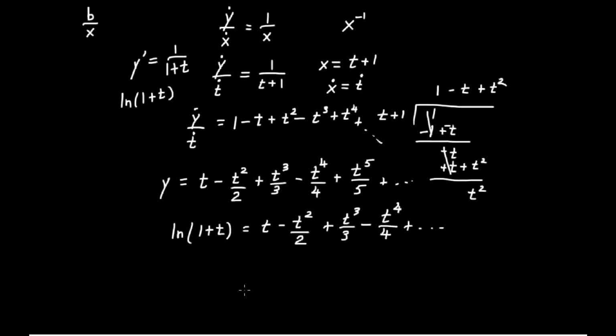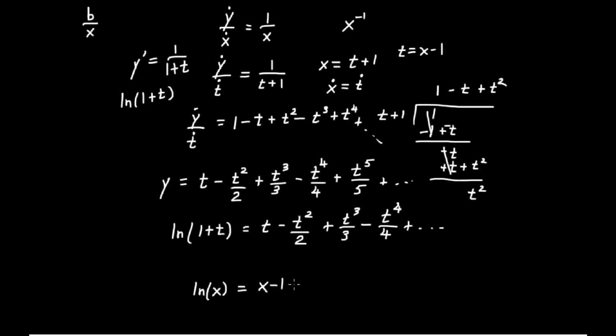And of course, if I wanted to, I could make that substitution that t plus 1 is equal to x, and I would find that the natural log of just plain old x, just x instead of 1 plus the variable, is going to be equal to t, but t can also be written as x minus 1. Notice how I'm shifting everything back a unit.